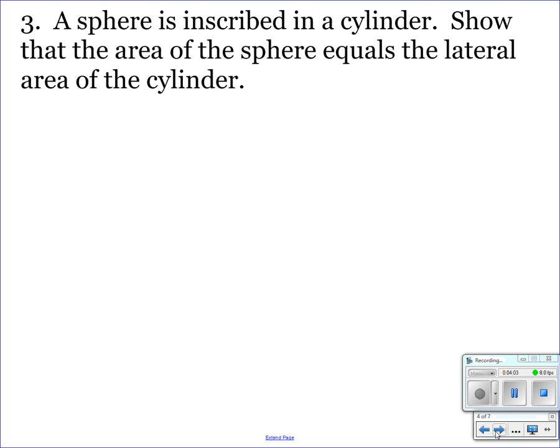Next one, a sphere is inscribed in a cylinder. Show that the lateral area of the cylinder equals the surface area of the sphere. So we have a cylinder. I think I'm actually going to draw the sphere first. So we draw a sphere, which looks like a circle, but we like to put a little circle around.